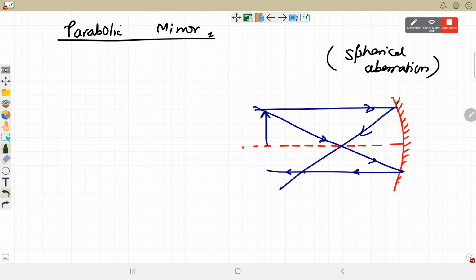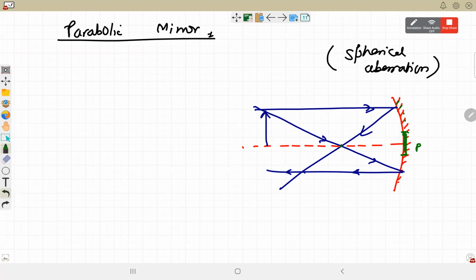Because we should not use this curved portion of the mirror. We have to always use the central part, which is almost like a plane mirror. Only this portion of the mirror should be used, because in this case all the light rays will be focused at the same point.